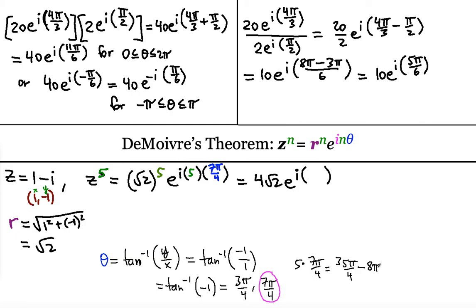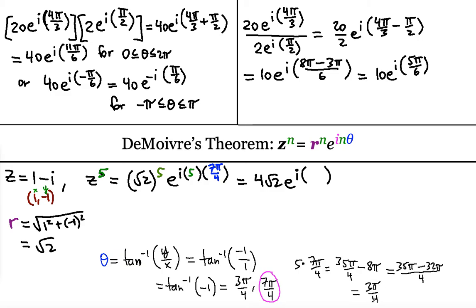Because negative 8 pi, the LCD is 4. 4 times 8 is 32, right? 35 minus 32, bingo, that's going to work, right? So it's going to be 35 pi minus 32 pi, and that result will be divided by 4.